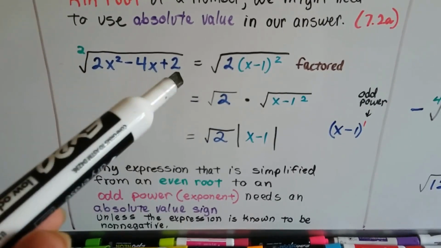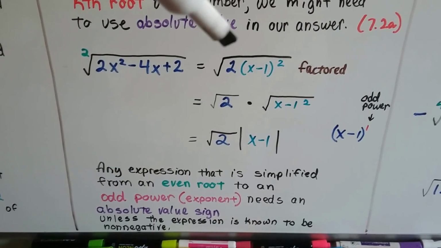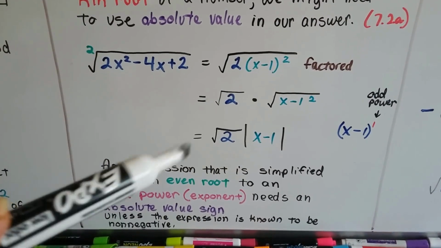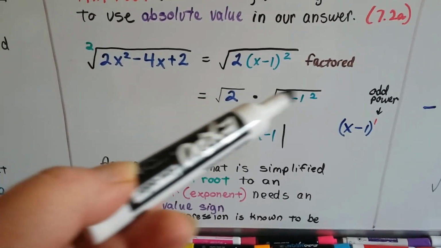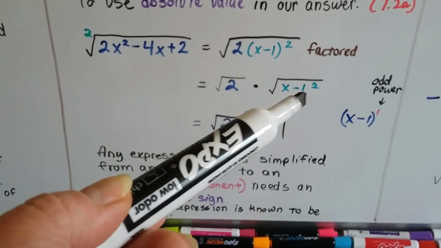We've got this trinomial underneath the radical sign. It can be factored as the square root of 2 times x minus 1 squared. That's split apart. We could do the square root of 2 times the square root of x minus 1 squared.